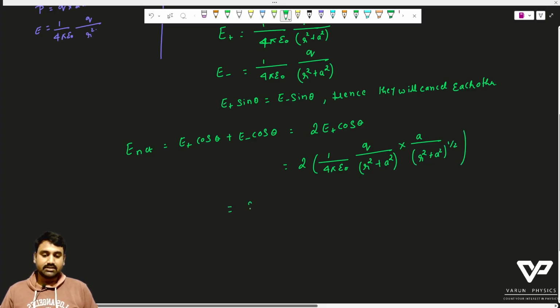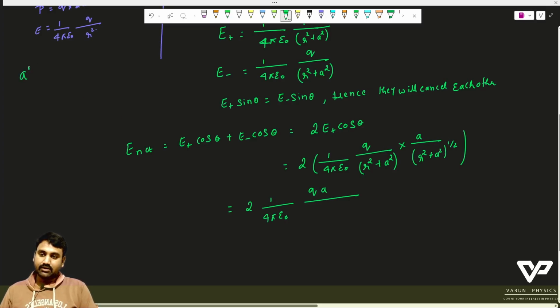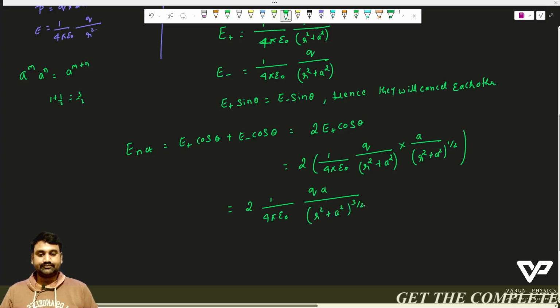On simplifying this, we will have 2 times 1 divided by 4 pi epsilon naught qa divided by r square plus a square into r square plus a square to the power of 1 by 2. This is nothing but a to the power of m into a to the power of n is equal to a to the power of m plus n. Therefore, 1 plus 1 by 2 is equal to 3 by 2, so this becomes r square plus a square to the power of 3 by 2.